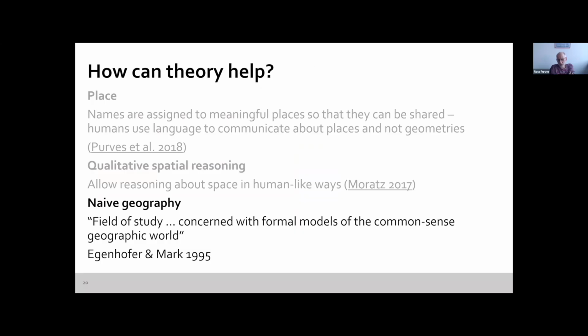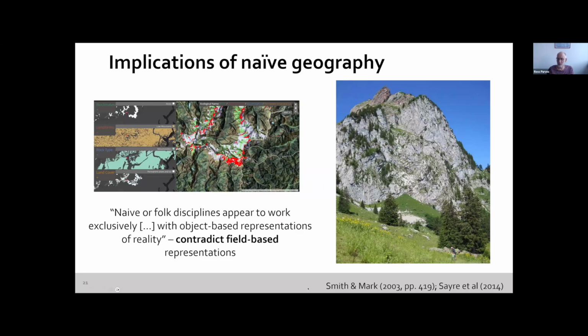Naive geography, which was also popularized by Egenhofer and Mark, was the idea of looking at formal models of the common sense geographic world. I think this is very interesting and quite important, and I try to show you why here. This picture, taken quite a long time ago now, is of my son, pointing up here.